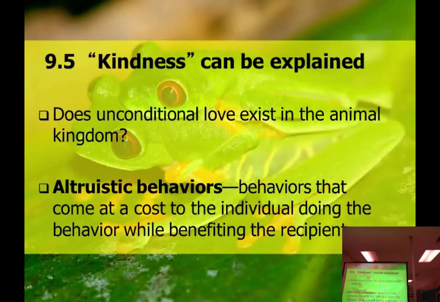So in explaining kindness, we think about, does unconditional love exist in the animal kingdom? Altruistic behaviors, or working together, working with others. Some of these behaviors may come at a cost to an individual doing the behavior that benefits the recipient. So it may hurt the individual that this happens to, but it helps the entire clan, or the entire kin, or the entire extended family.